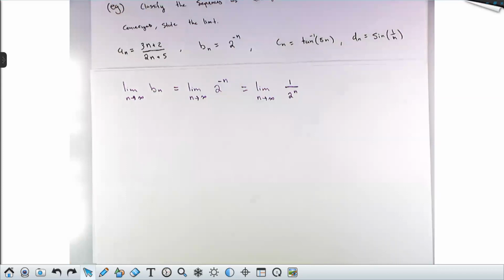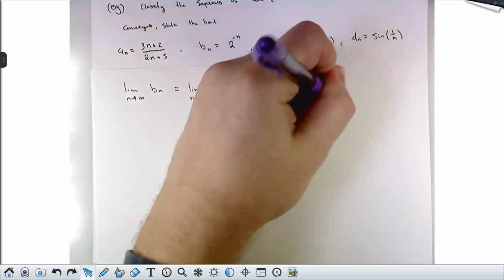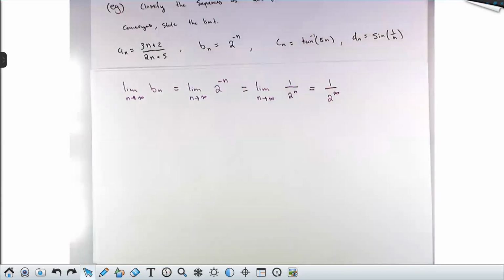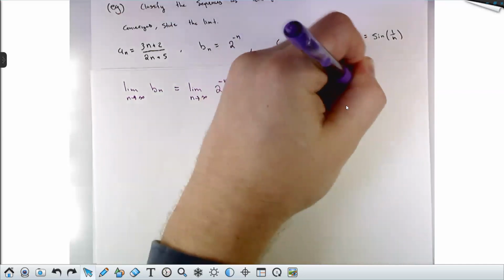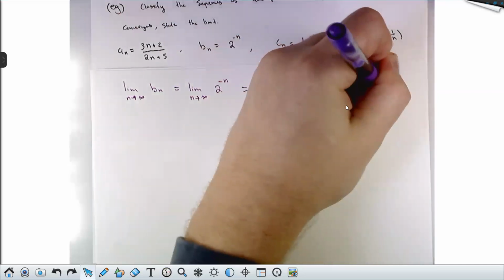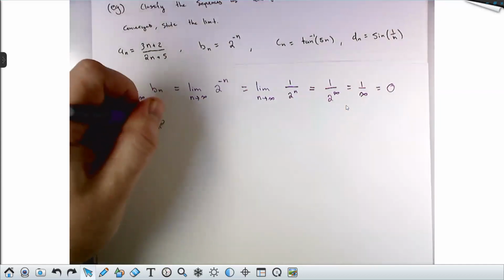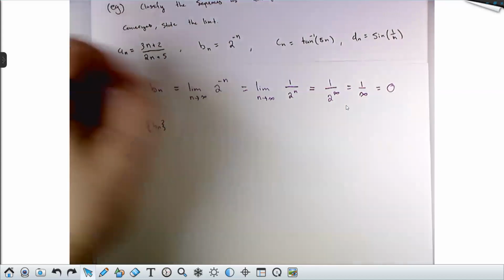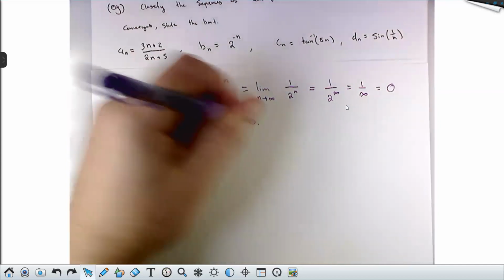And as n gets bigger and bigger, what does 2 to the n do? What is 2 to the infinity? Yeah, 2 to the infinity is infinity. You raise 2 to a very large power, you get a very, very big number, and 1 over infinity is 0. So the sequence Bn converges to 0.